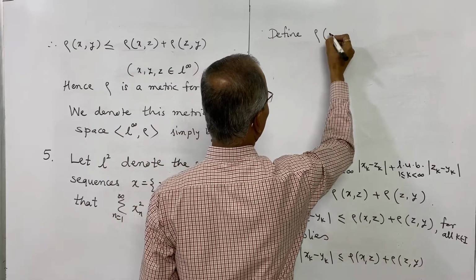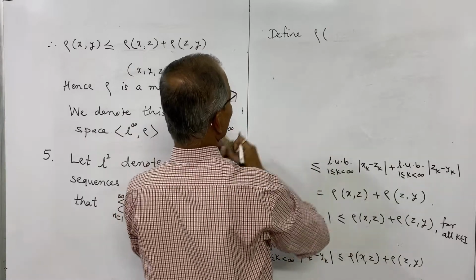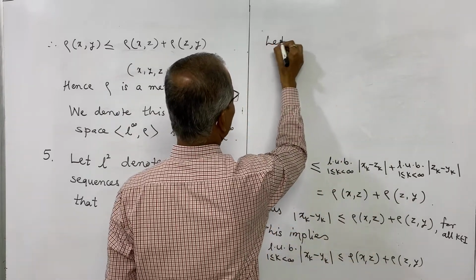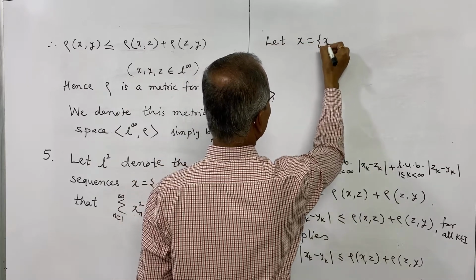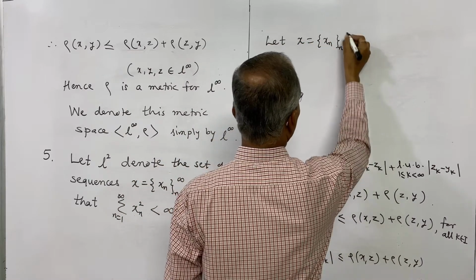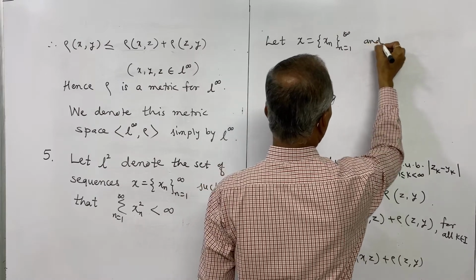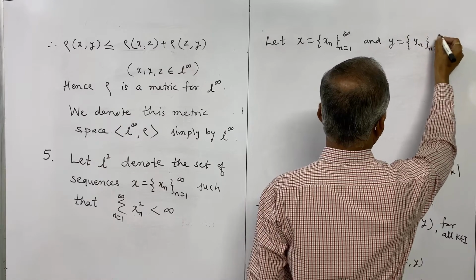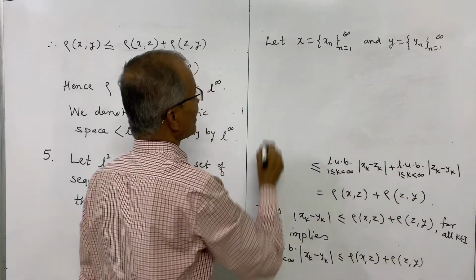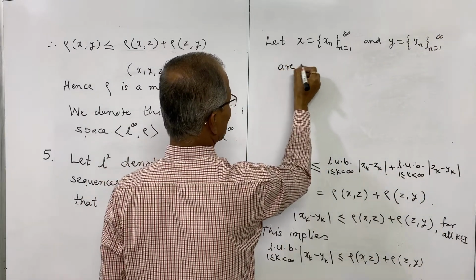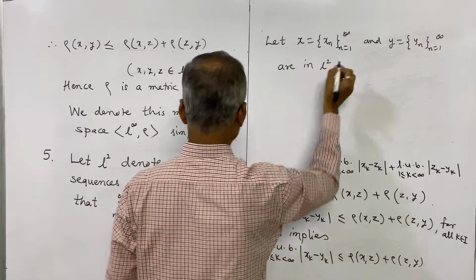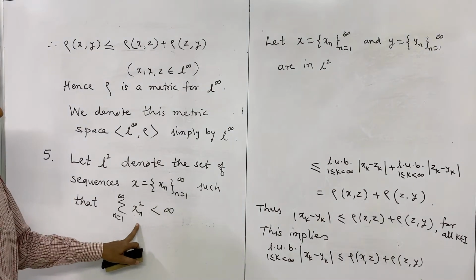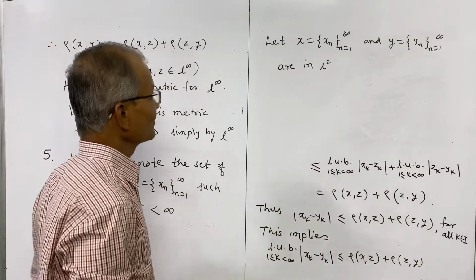Let x be xn and y be the sequence yn, both in L2, meaning they satisfy the condition: summation xn square is less than infinity, summation yn square is less than infinity.